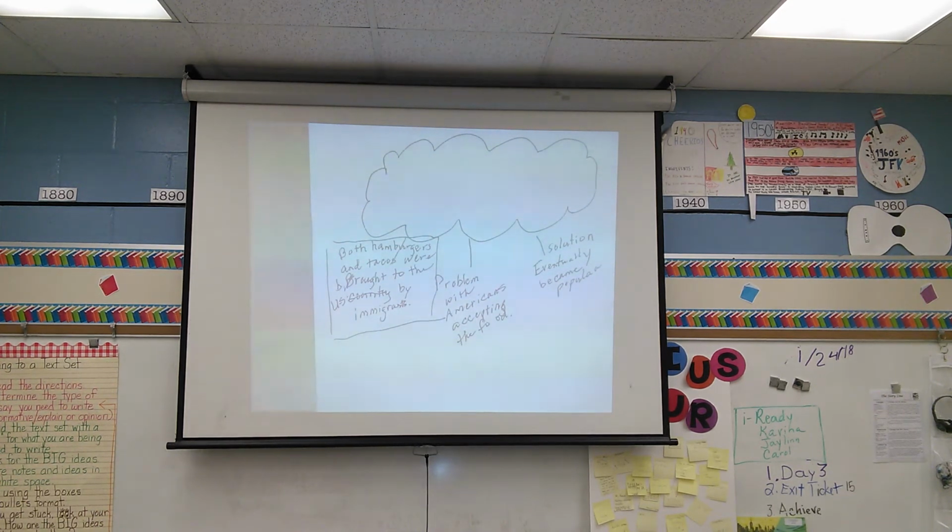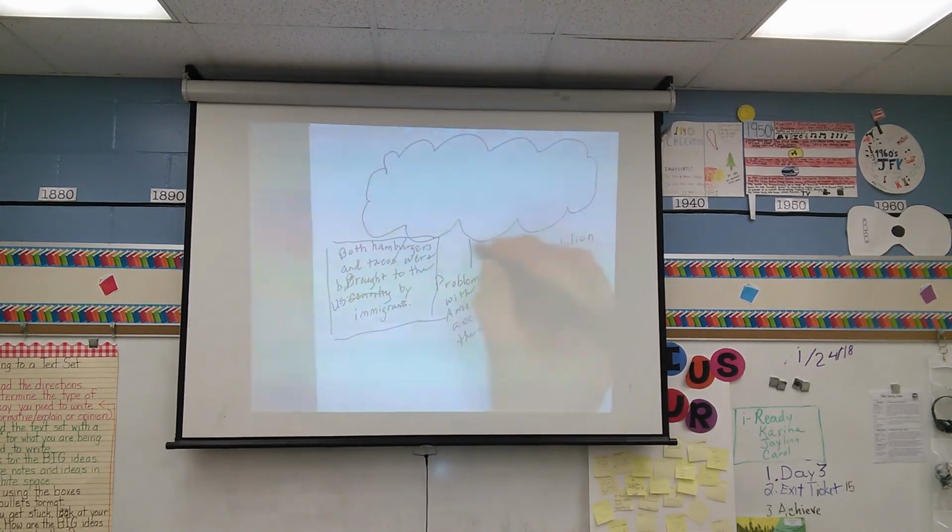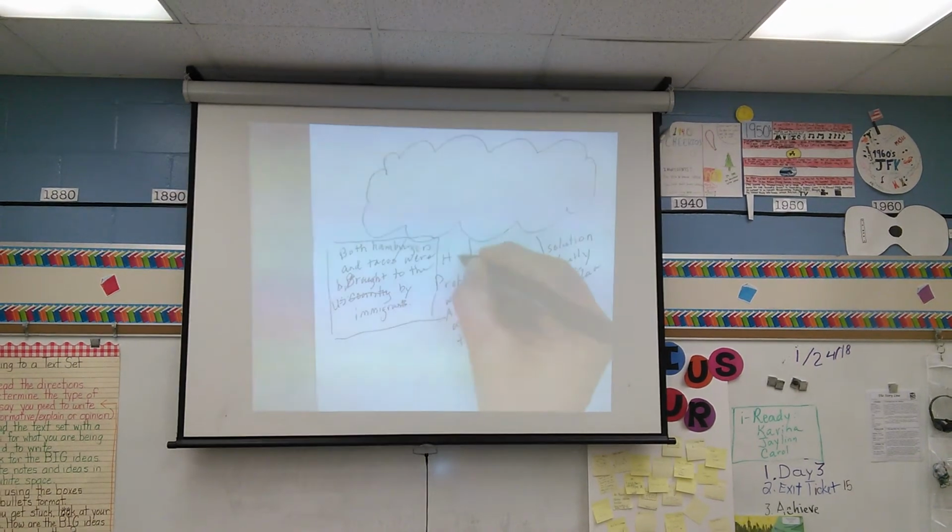Okay, Anthony. Guys, let's stop for a second. Anthony, you and Tegan were writing that in the air. How would you write that into a sentence? Tacos and hamburgers both had a problem with Americans accepting their food. Okay. So say it again.